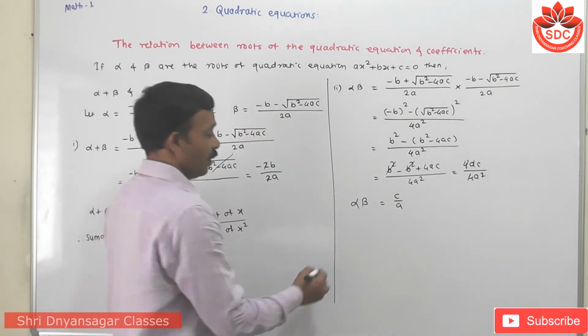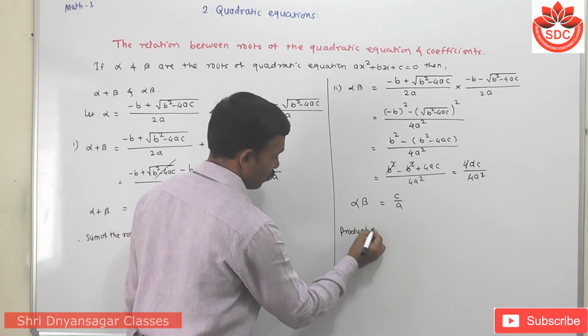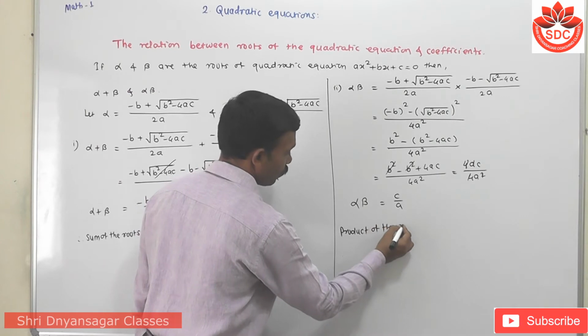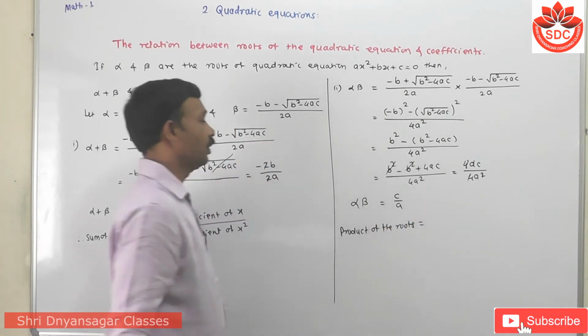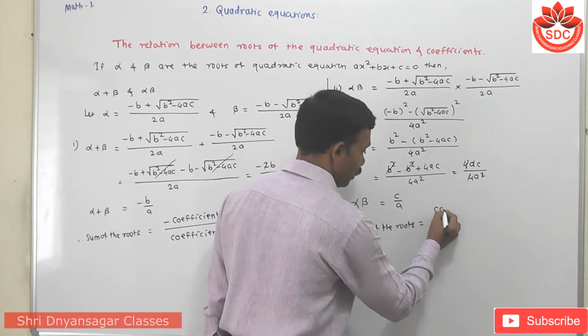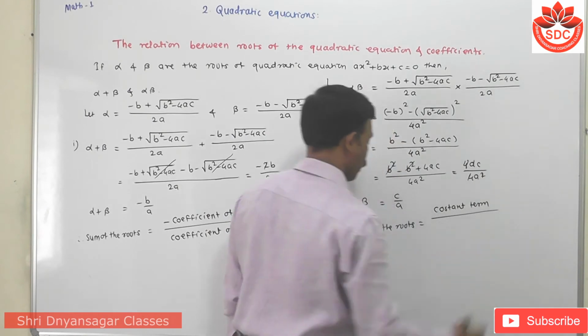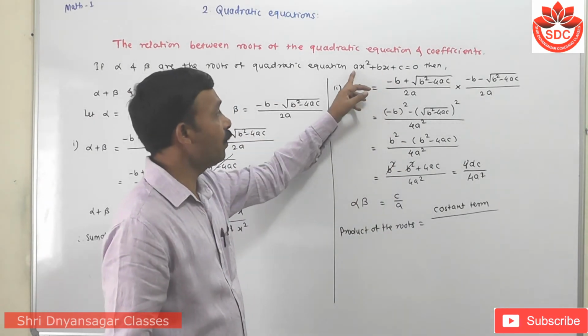In words we write that the product of the roots is equal to c upon a. C is the constant term, and a is the coefficient of x square.